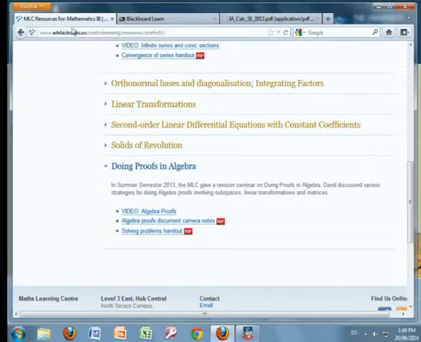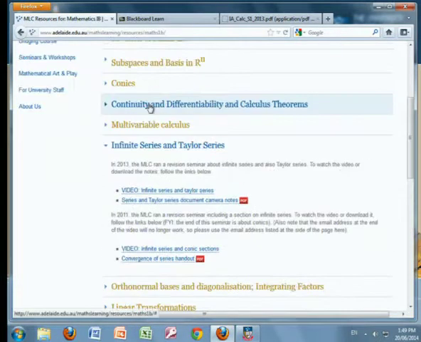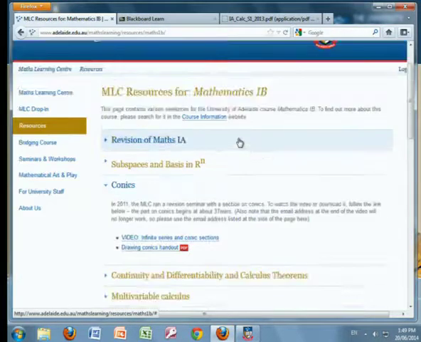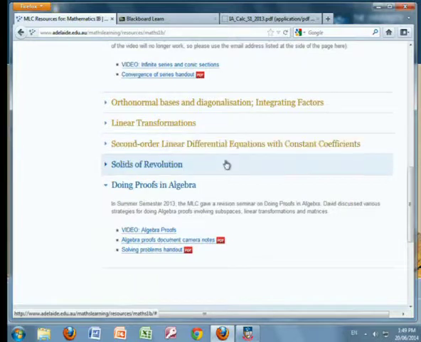Okay, and I actually have, just to show you, I'm pretty sure it's here. Oh look, there's the drawing conics handout that I did last time I did conics. Oh, I was sure it was here.